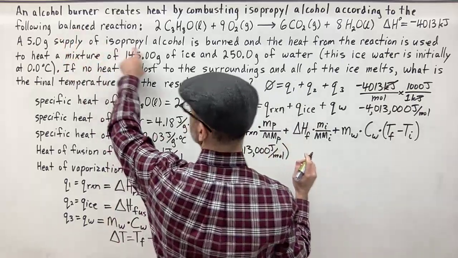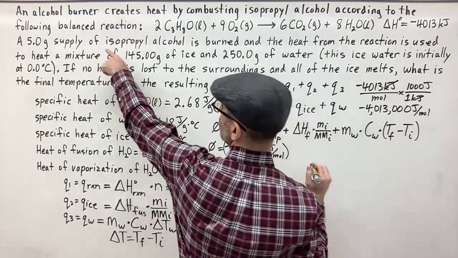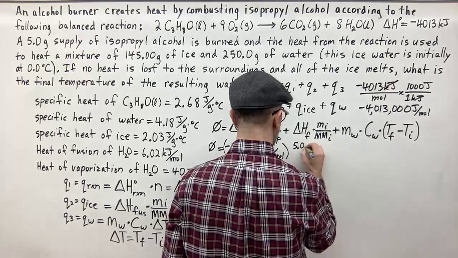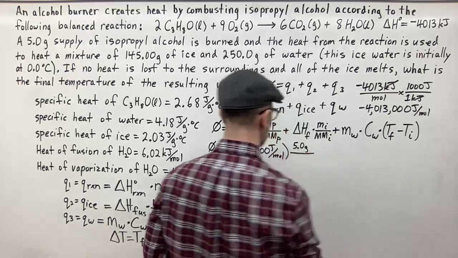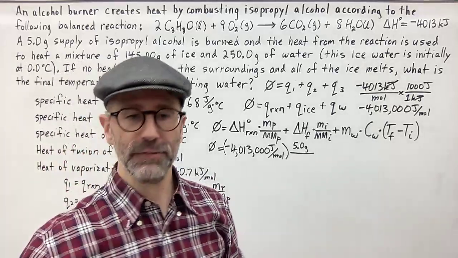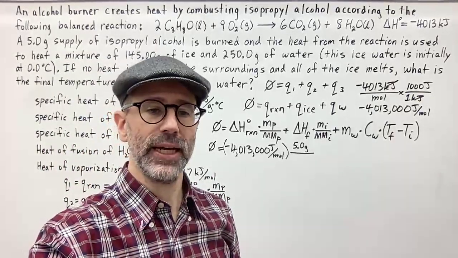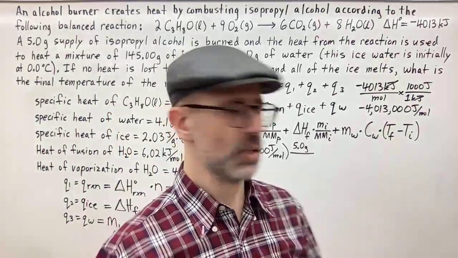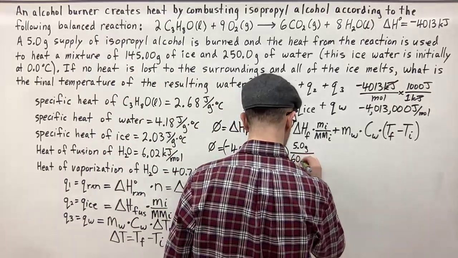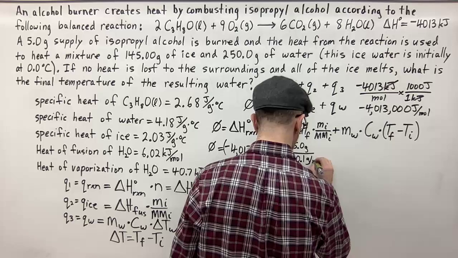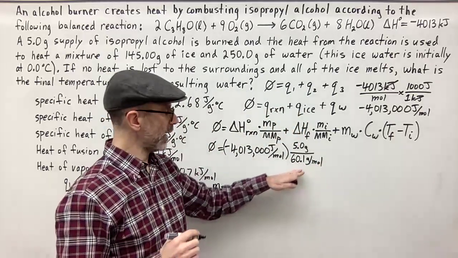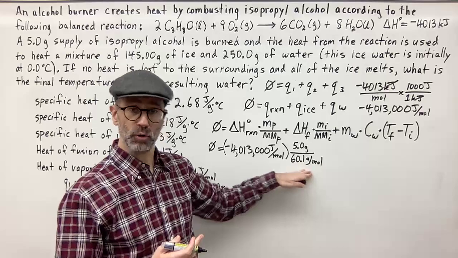That is going to be 5.0 grams over the molar mass of isopropyl alcohol. And if I look that up or calculate it, 60.1 grams per mole. Now, it's important that you have the units there. Molar mass is grams per mole, so grams per mole needs to be written down.